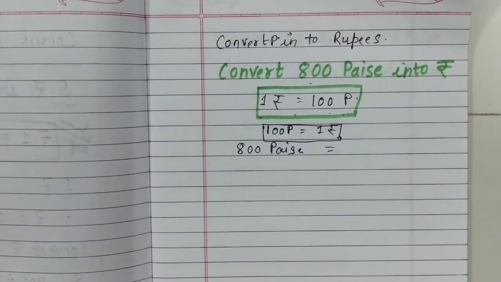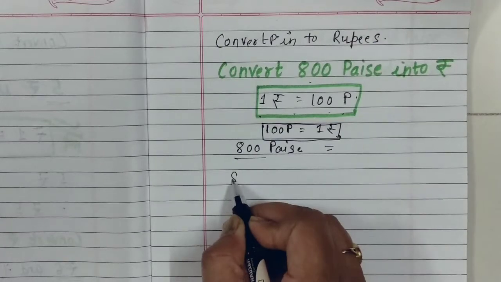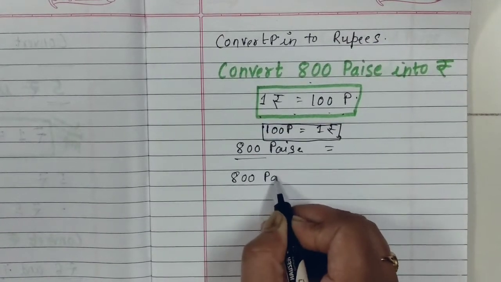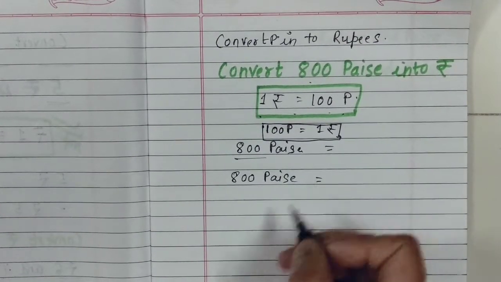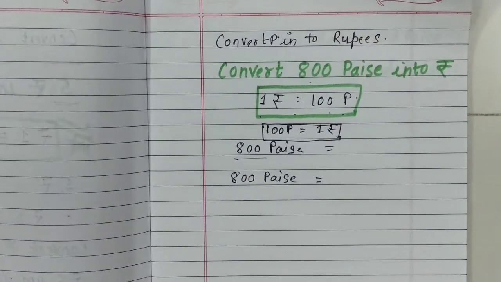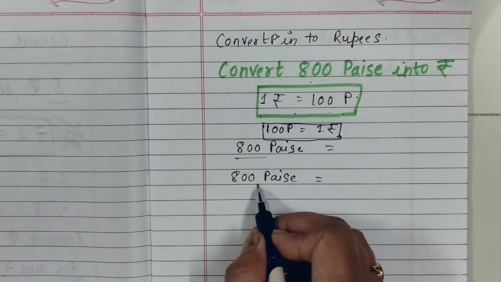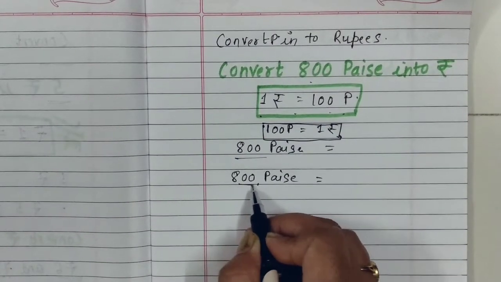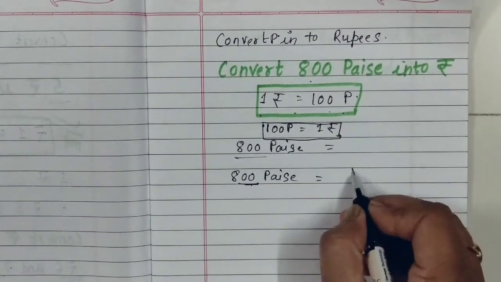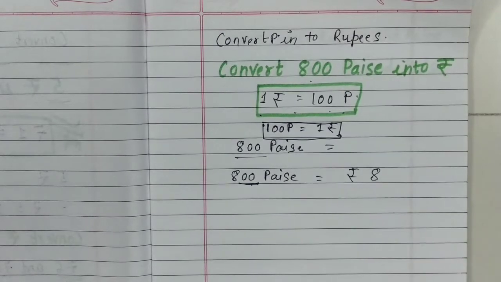So if we have 800 paisa, what you have to do is simple: remove 2 zeros from the right side, so it will be rupees 8.